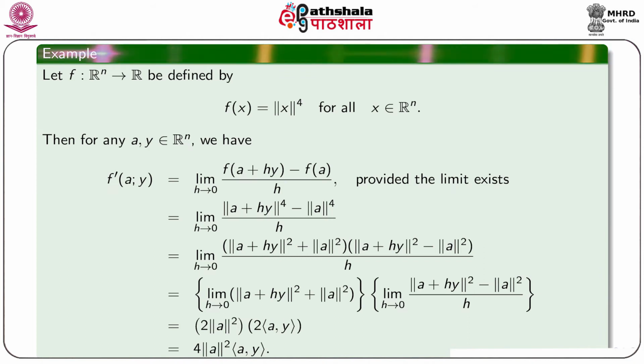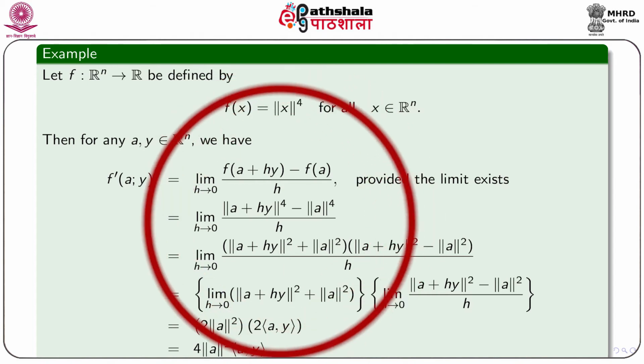We now cite an example. Let f be a scalar field defined on Rn by f(x) equals norm x to the power 4 for each x in Rn. Then for any a, y in Rn, we have f dash (a, y) equals the limit of f(a plus hy) minus f(a) by h as h approaches 0, provided the limit exists.